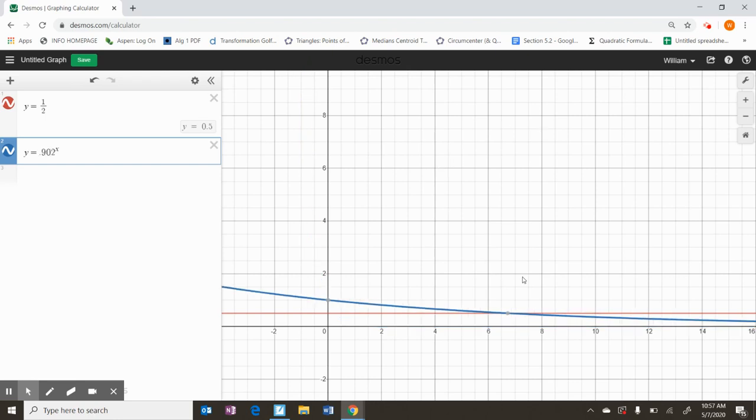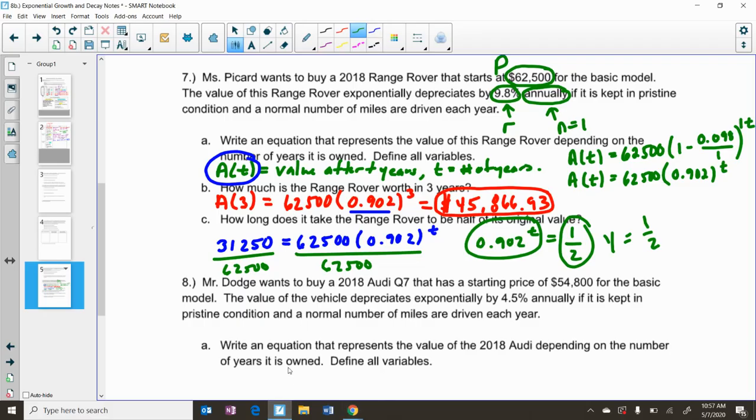So again, still an exponential decay curve. I just typed it in wrong. So if you look, you get 6.72 and 0.5. What that's saying is in 6.72 years, so that's your time t, the car will be worth half of its original value. So we'll go back here and we will write that.